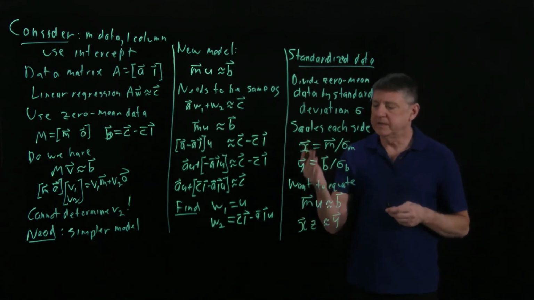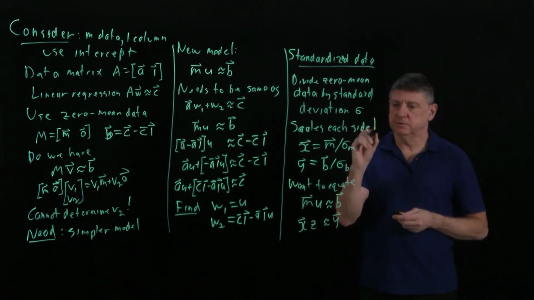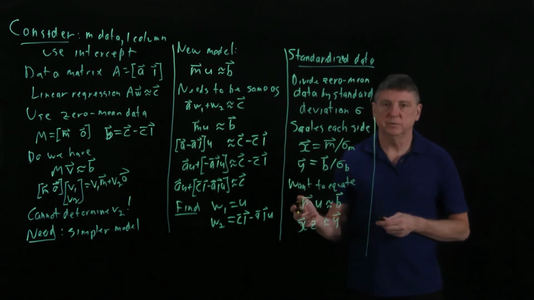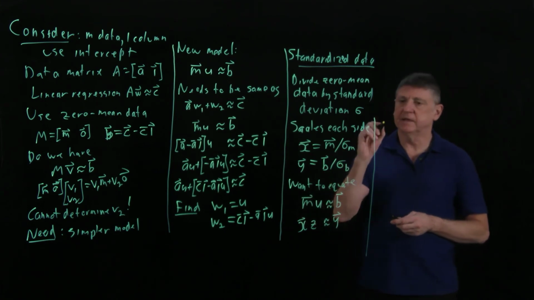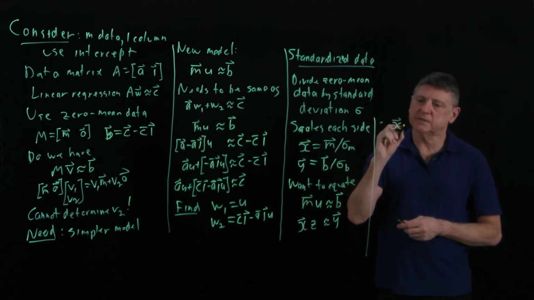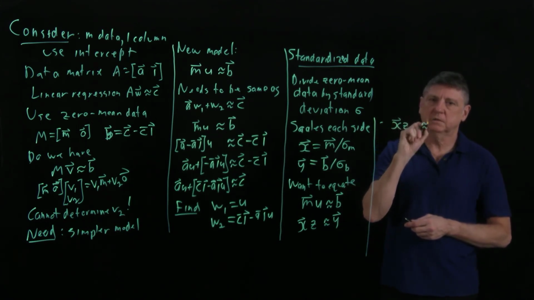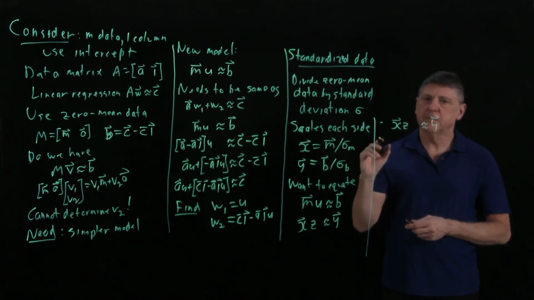And we can now do this by just substitutions. So we would say that x times z is approximately y.